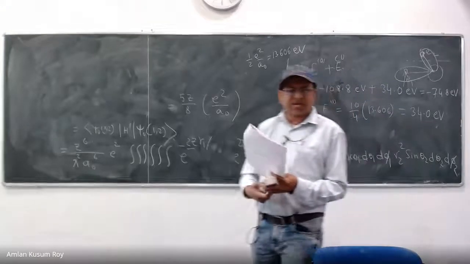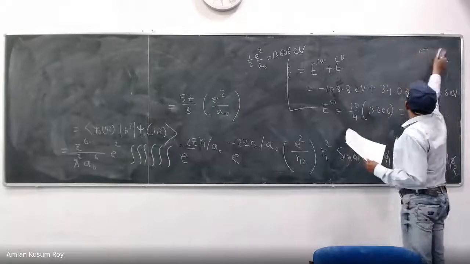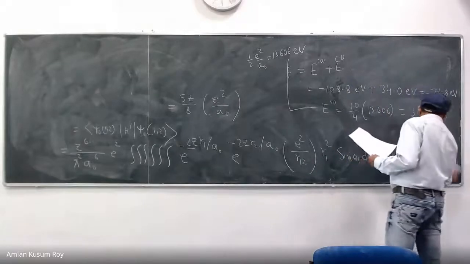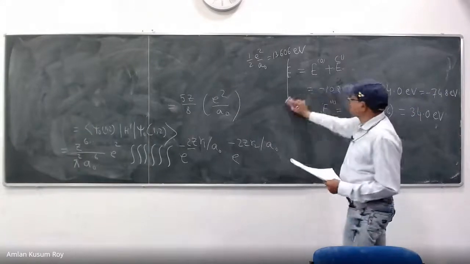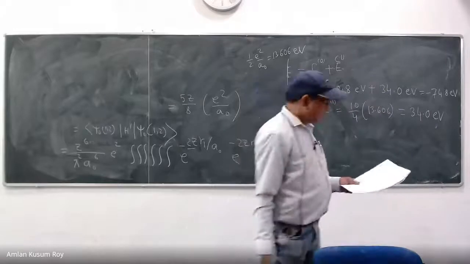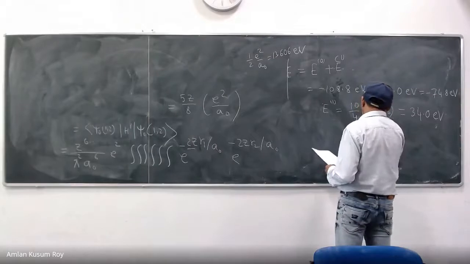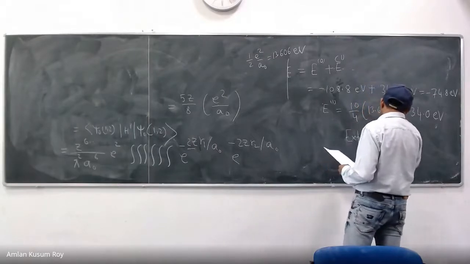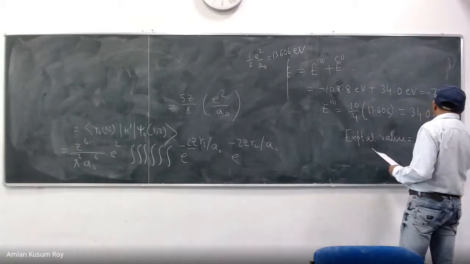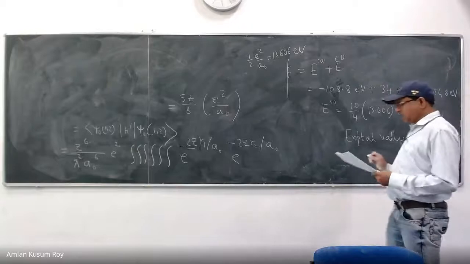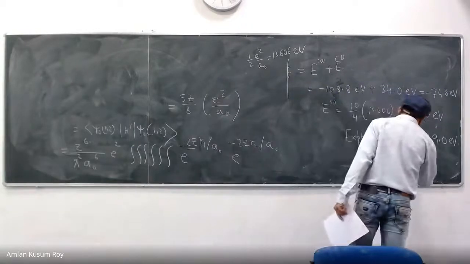The true energy of the system, the experimental value, is minus 79.0 electron volt. You see that it is far from the correct number and it is in error by 5.3%.